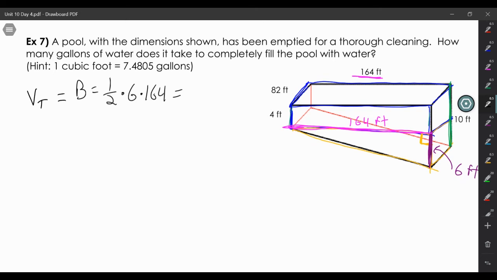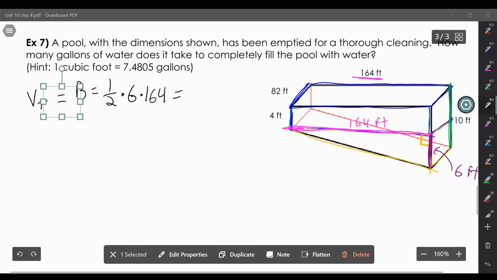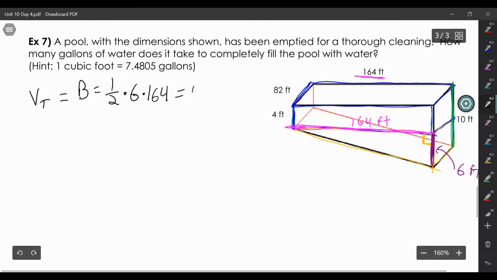So that will give us the base of that prism. So let's type that in the calculator real quick. So 6 times 164 divided by 2. And we get 492.